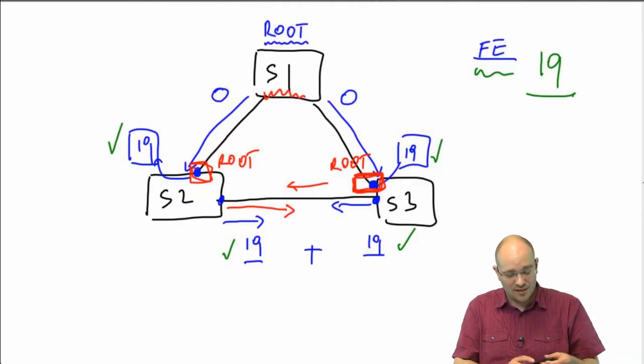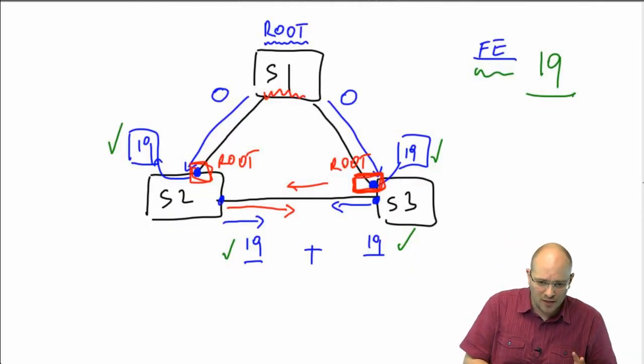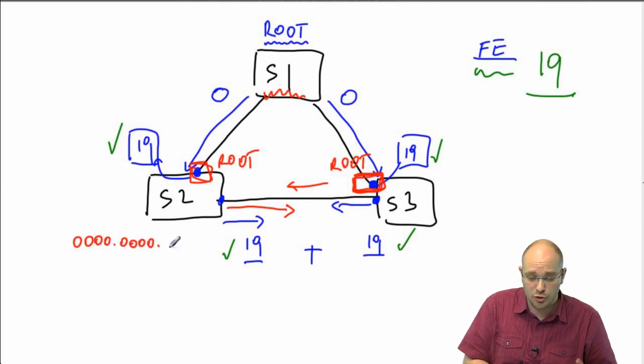So here, between switch 2 and switch 3, we are going to have the situation that switch 2, if you remember well, was using the system MAC address that looked like this, and switch 3 had the MAC address that looked like this.